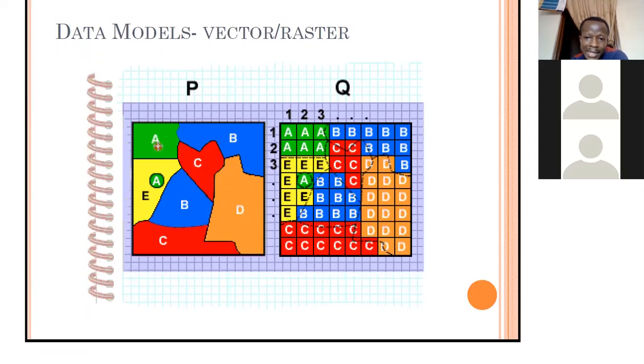The polygon A is being represented by the values that we found on the ground. Polygon B, the same thing, but we can see that there is a problem, isn't it? The raster is not able to keep the shape very well. It's only accurate to the size of the squares that are being used.